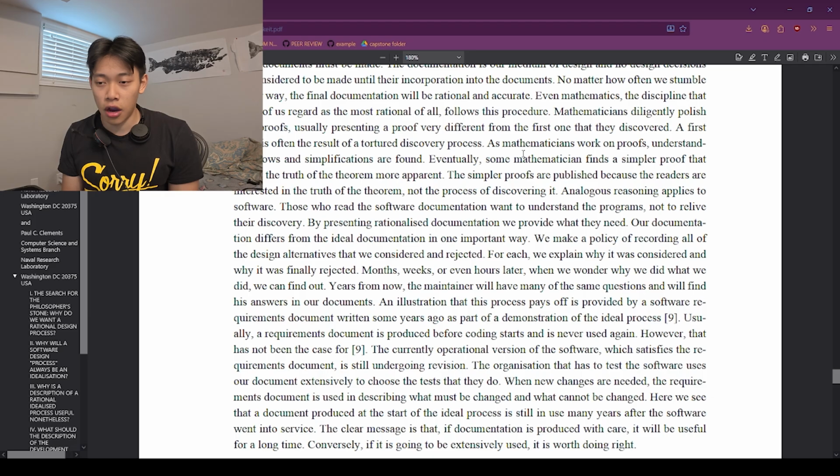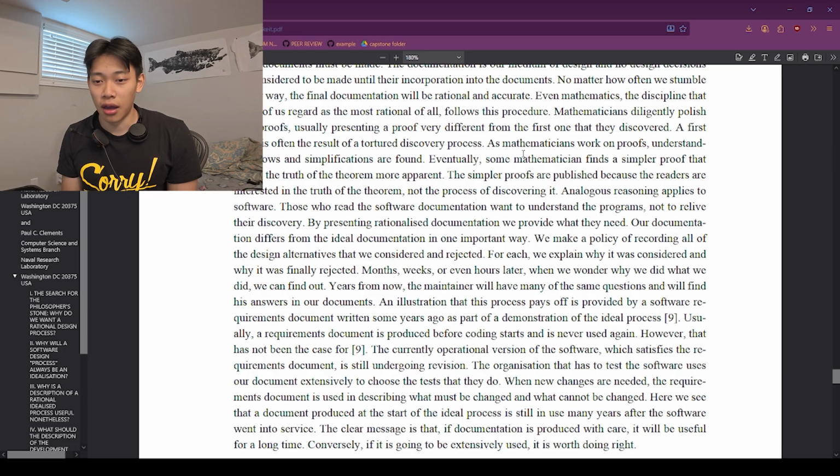The currently operational version of the software, which satisfies the requirements document, is still undergoing revision. The organization that has to test the software uses our document extensively to choose the tests that they do. When new changes are needed, the requirements document is used in describing what must be changed and what cannot be changed.